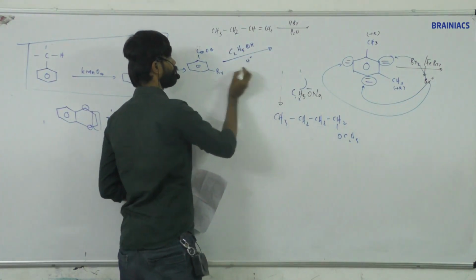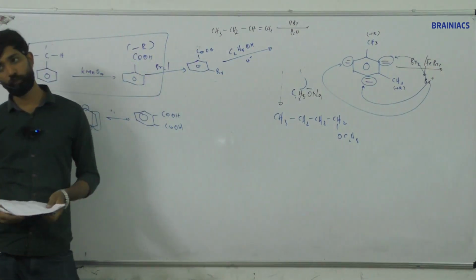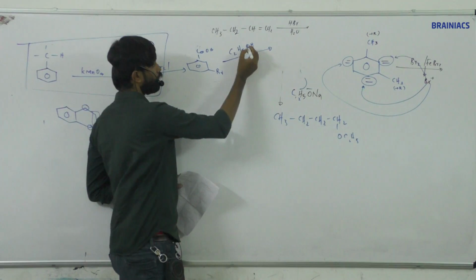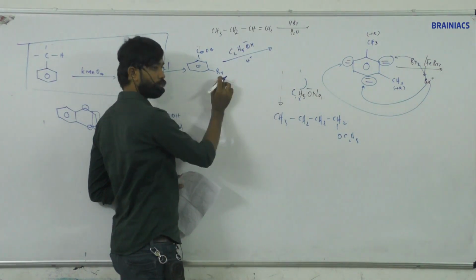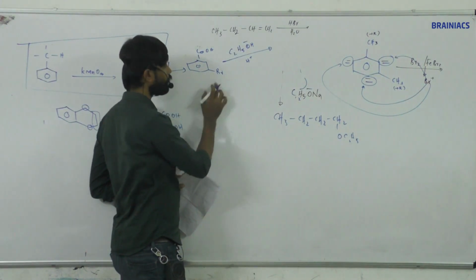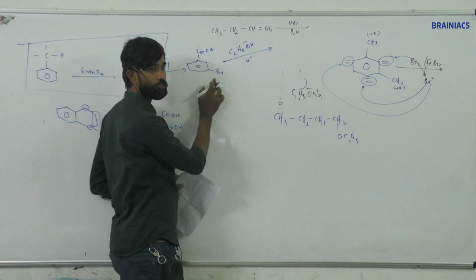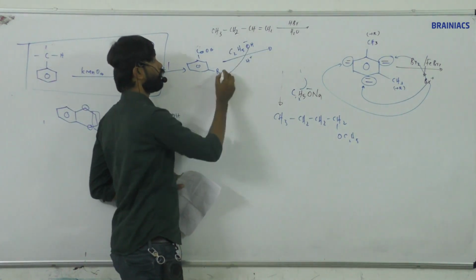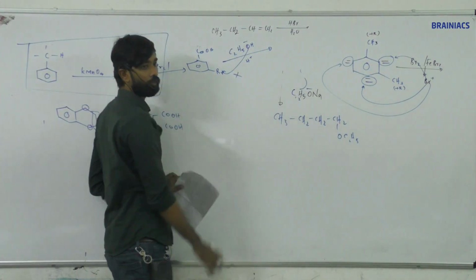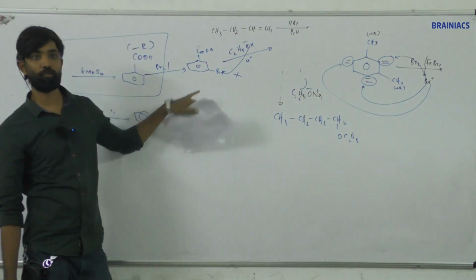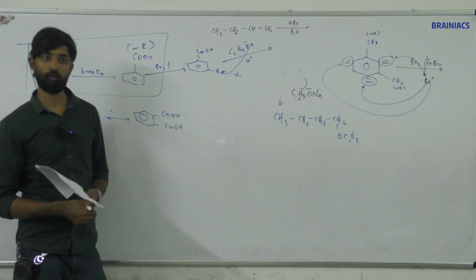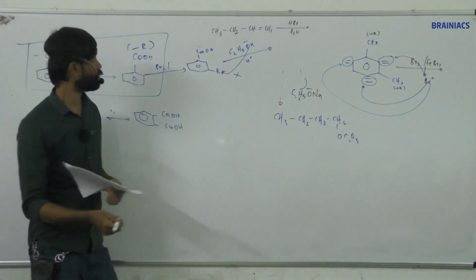C2H5OH. Actually, there are two chances. You may think that this can substitute bromine, but nucleophilic substitution of the halogen on the ring is restricted; you know the reasons.